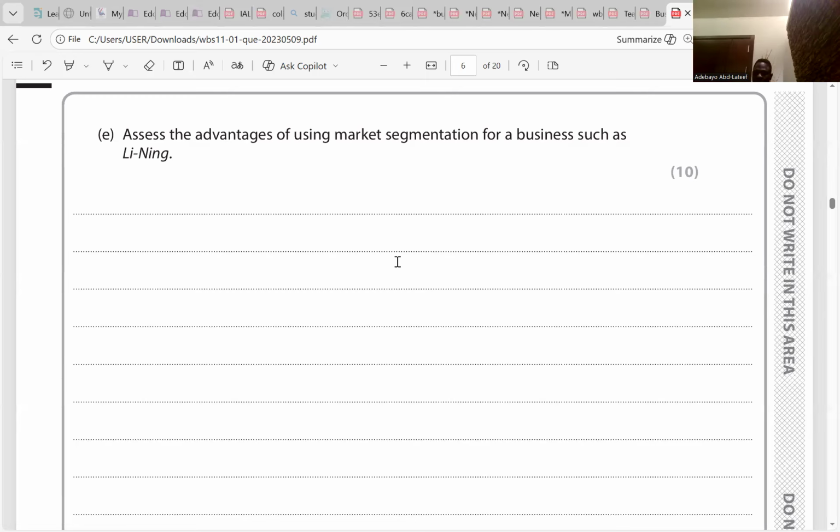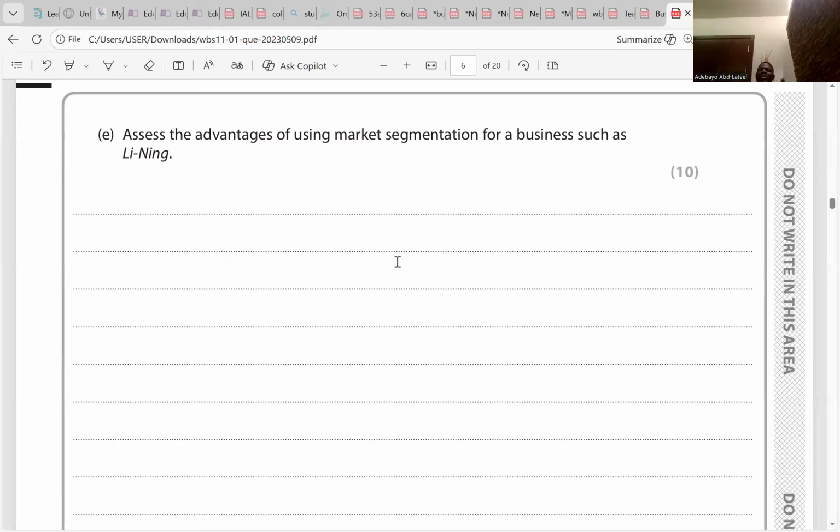Number one, effective advertisement. With market segmentation, it simply means you have directed your advertisement to a specific group of customers, yes or no? Because you have directed your advertisement to a specific group of customers, it reduces your cost. Yes. No, let's not talk about cost first. Let's talk about the targeted audience.